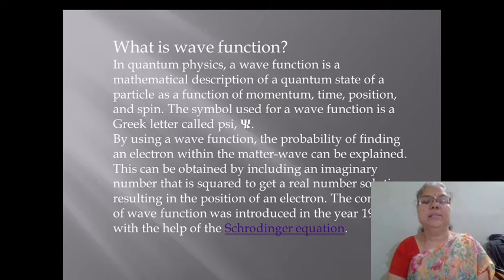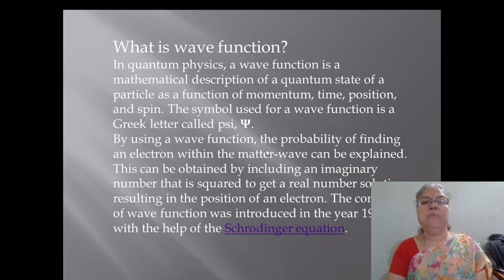This is psi, known as the wave function. I repeat once again, the wave function is a mathematical description of a quantum state of a particle as a function of momentum, time, position and spin, and its symbol is the Greek letter psi.